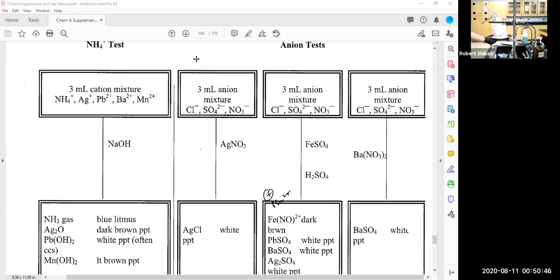Dump out excess water. And now I'm going to filter this. Okay, this time I'm going to grab this with some paper towel. Let me just crush it up a little bit more. We've got to make sure any lead in here gets dissolved.